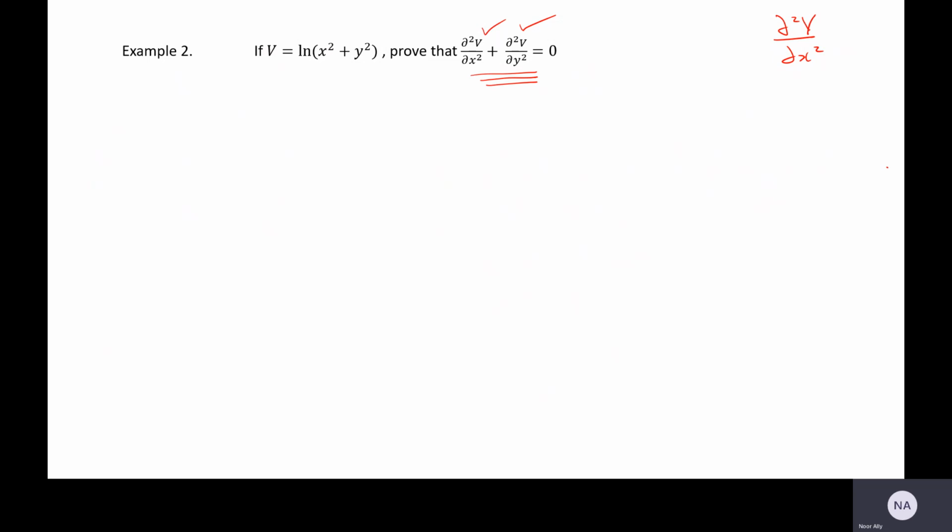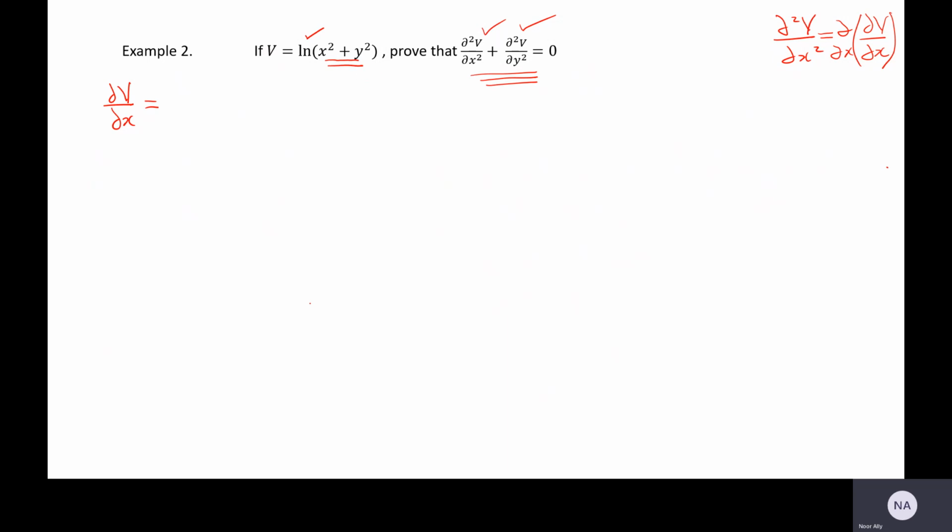dx squared immediately, because that comes from finding the first partial derivative and then differentiating again with respect to x, which means in both cases I must first find the first partial derivative. Now let's look at the function. V is equal to the ln, and inside the argument is x squared plus y squared.